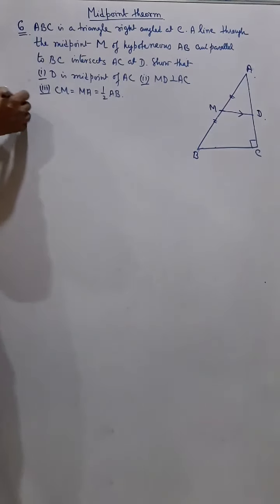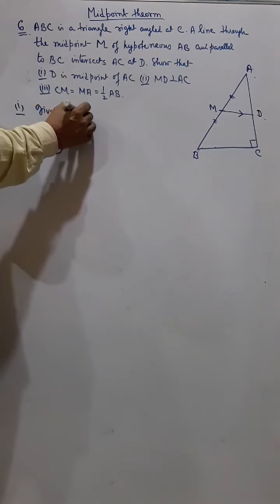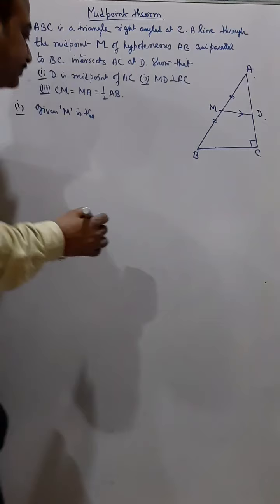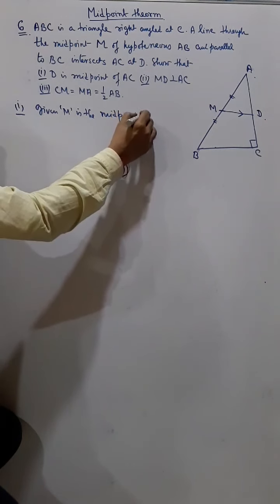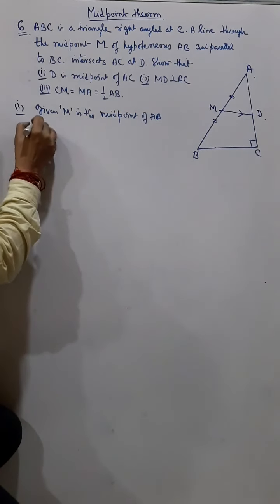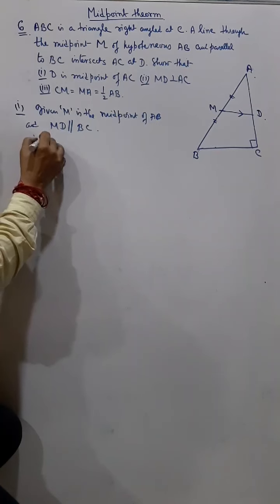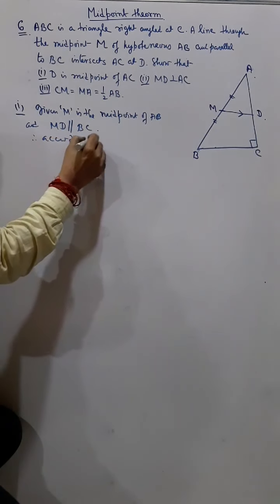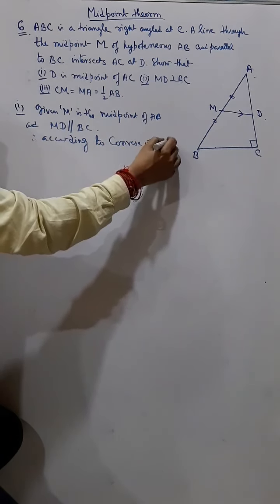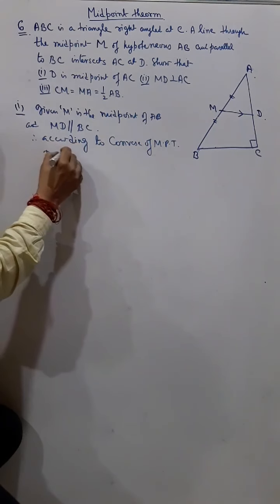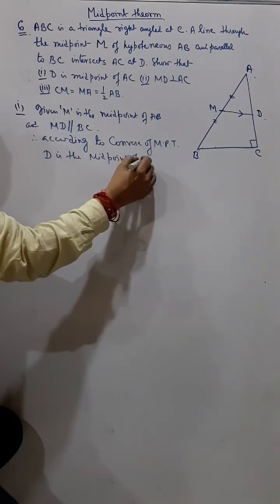For number 1, given M is the midpoint of AB, and MD is parallel to BC, and therefore according to the converse of the midpoint theorem, D is the midpoint of AC.